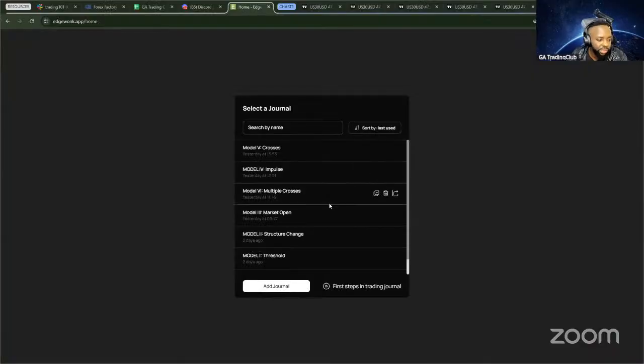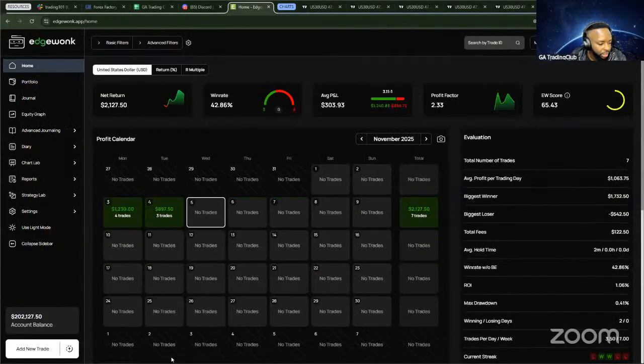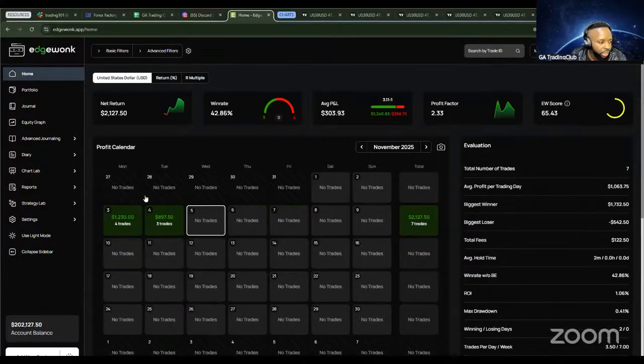All right. If we look at this journal, all these journals represent the number of accounts I have. In total, I have 6 accounts. So the multiple crosses account, this one I just started at the beginning of this week.